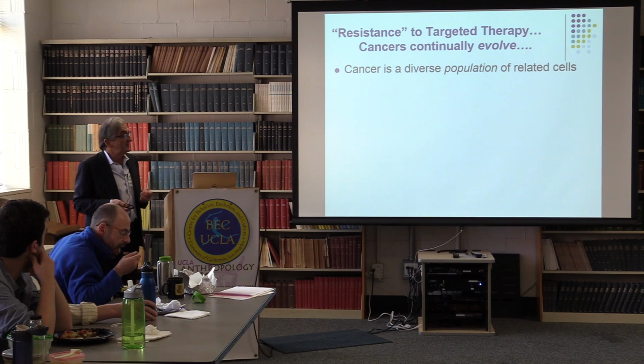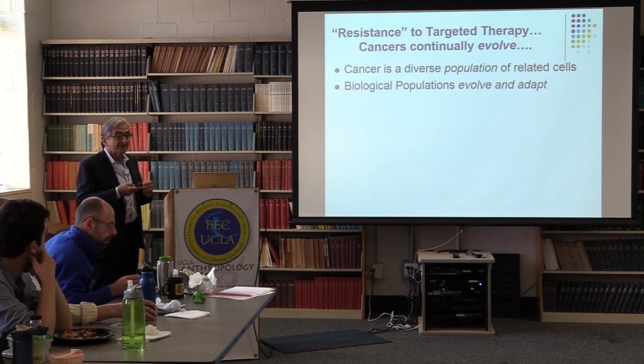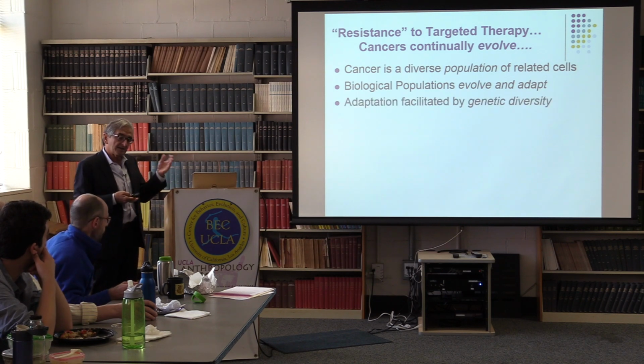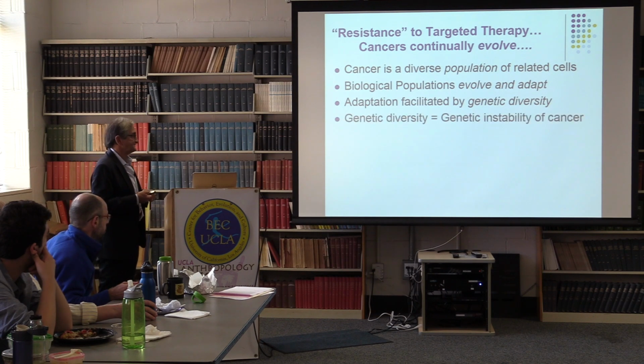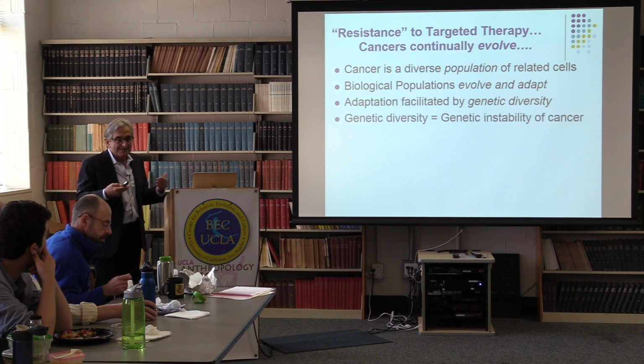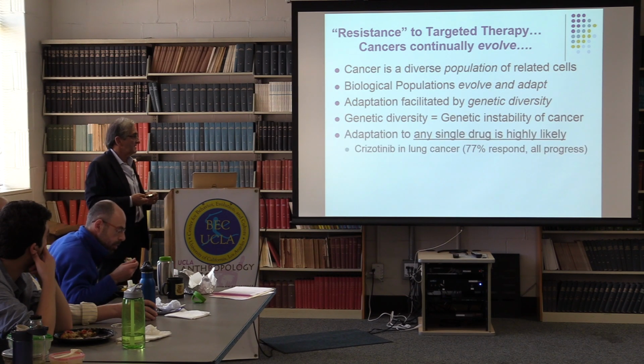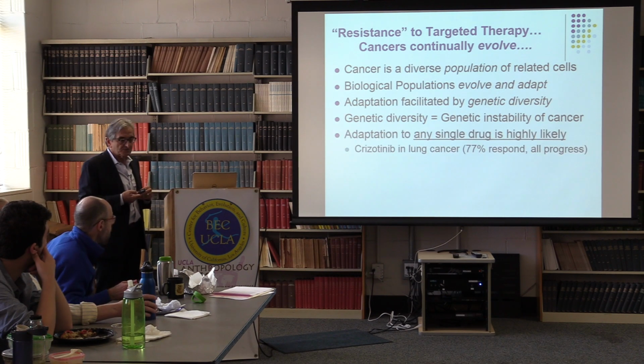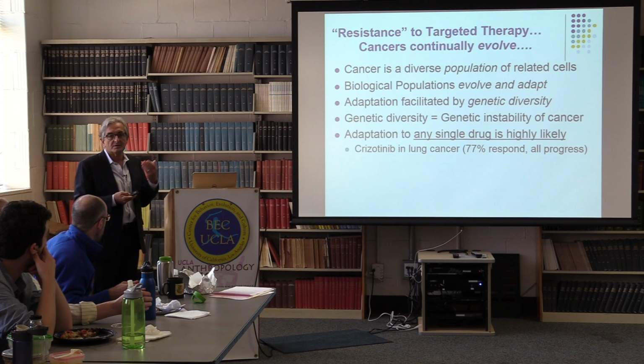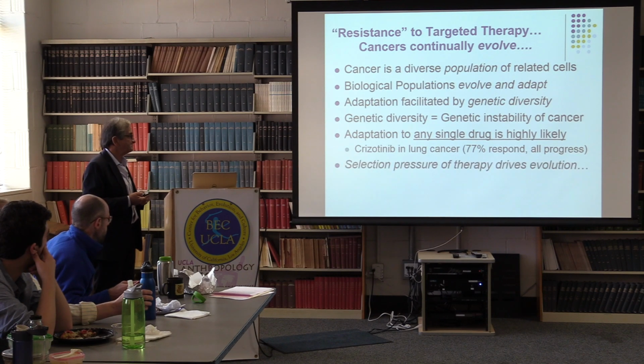Resistance to targeted therapy happens because cancers continually evolve. Cancers are a diverse population of cells. Just like any biological population, they evolve and adapt, and that adaptation is facilitated, of course, by genomic diversity, which in the clinic everyone thinks of as genetic instability of cancer. That's why that example I showed you has been replayed with many, many other similar drugs.